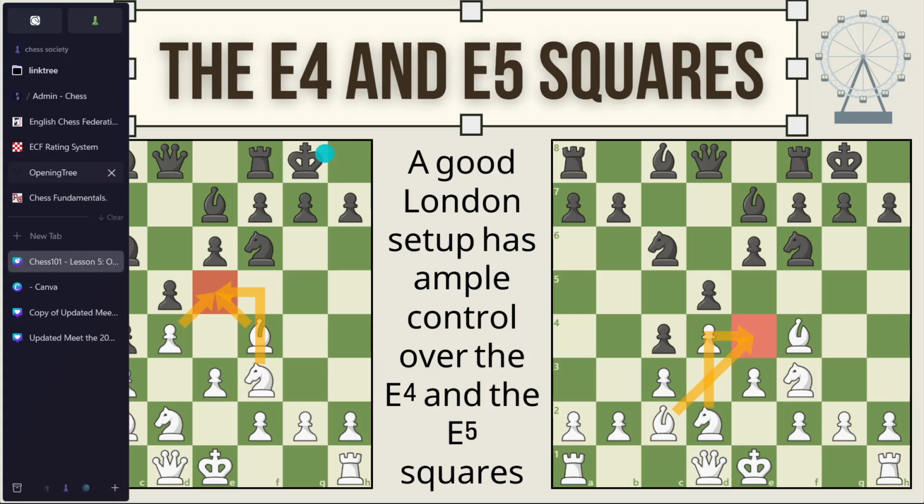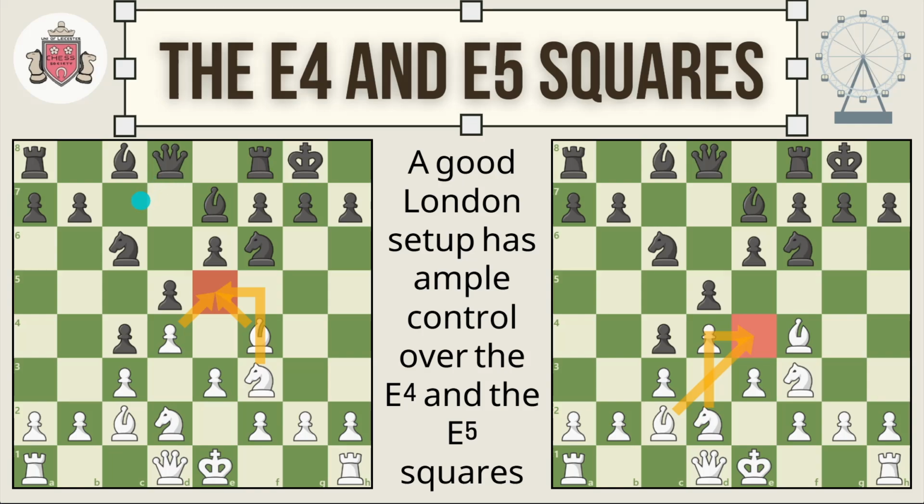So the one on the left, yeah. So how many pieces or pawns are controlling the e5 square for black? Just the knight, okay. So one, yeah. It's correct. So it is just the knight. So three pawns and pieces are controlling for white, and one knight is just controlling it for black.